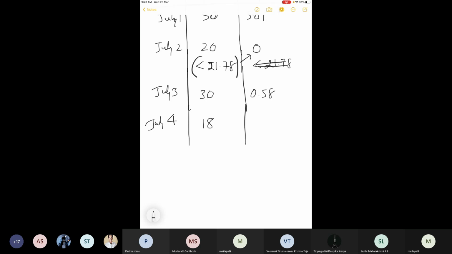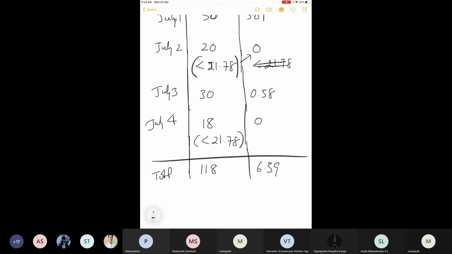Since it is less than 21.78, you will get 0. Right. So now let's see the total. The total precipitation during these 4 days is 118 mm, and 6.39 mm is your direct runoff.